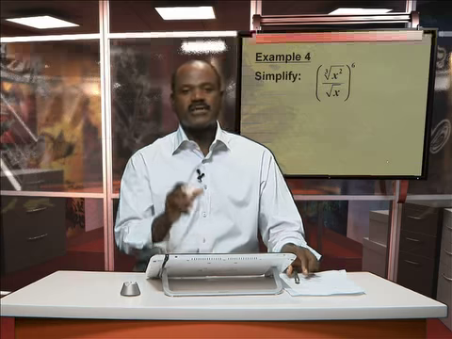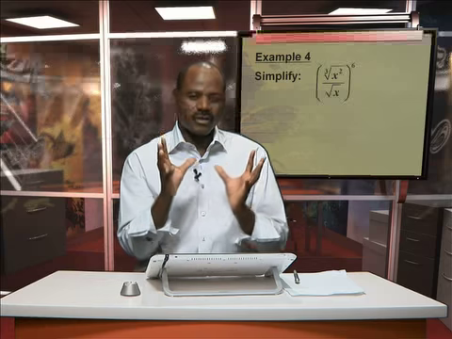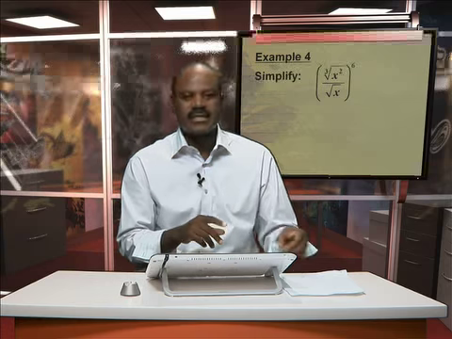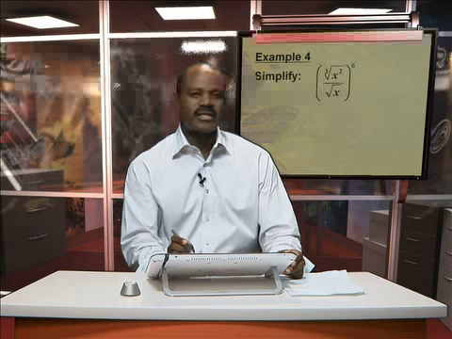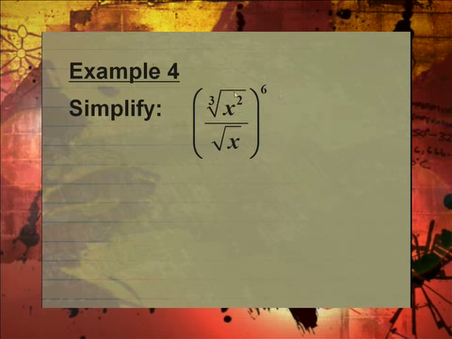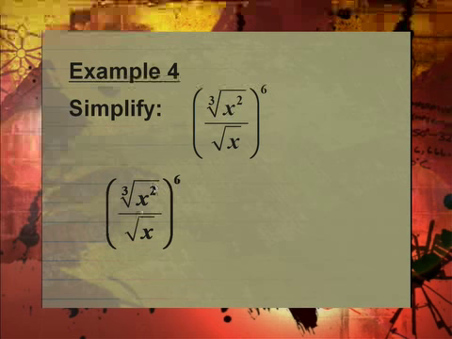Example 4. Example 4 is not actually, the whole thing doesn't show Mandela rule. Mandela rule lies inside the brackets. Let's see how Mandela rule works inside the brackets. Here is where you have Mandela rule, but the main thing is not actually Mandela rule. Let's go. And then we have 3 cube root of this over square root of x. Now, take this back to exponents. Remove the root signs.